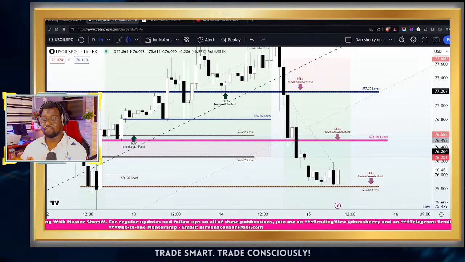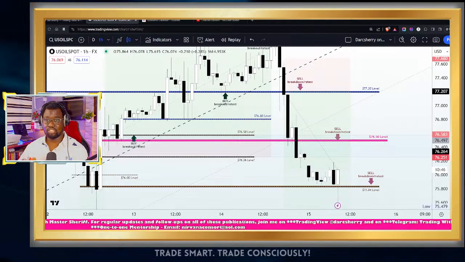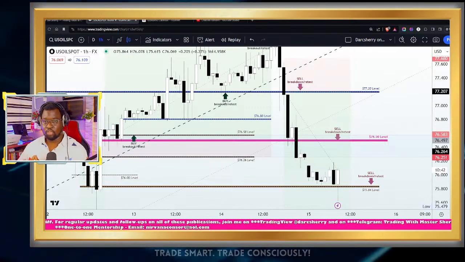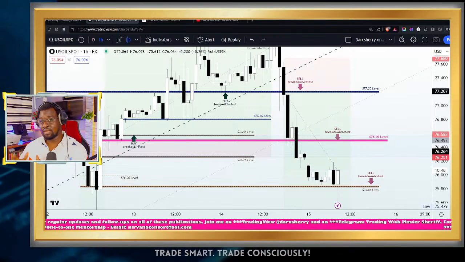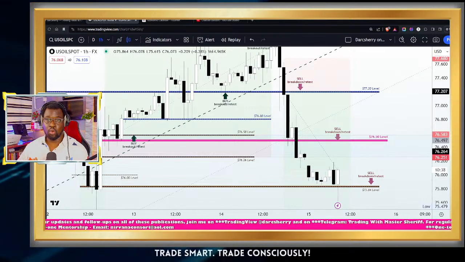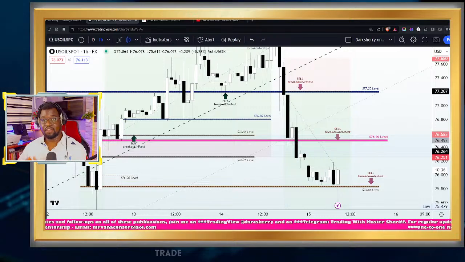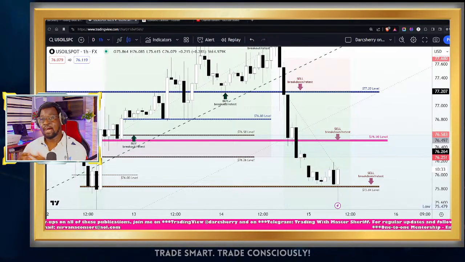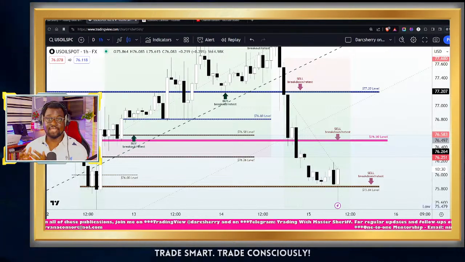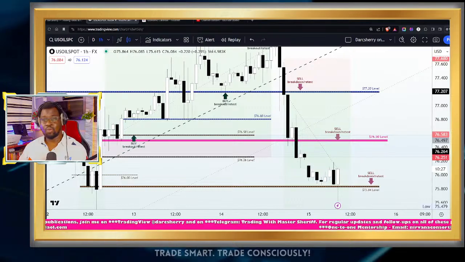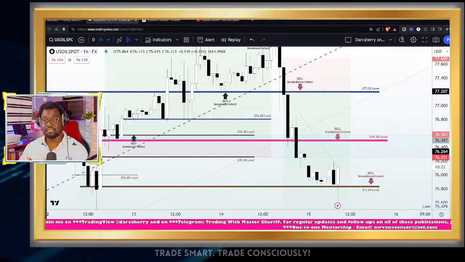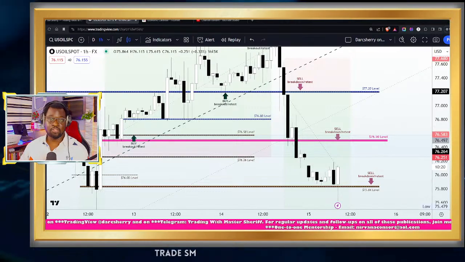Now, for the sake of those who are not part of our earlier sessions, please quickly note that we wouldn't be doing a top-down analysis on this asset. Basically, we only focus on the 1 hour time frame. However, if you want to have a background knowledge of how we got to this point, in our first edition for the week, I did a top-down analysis on this asset, and there we were able to identify key levels, chart patterns, and trend lines that we will be using for the week.